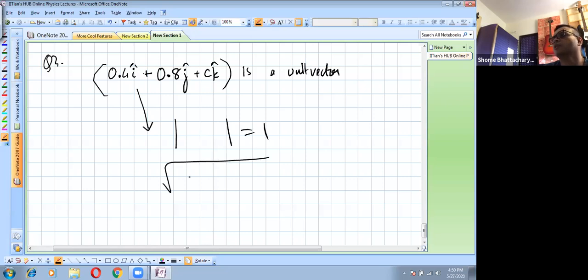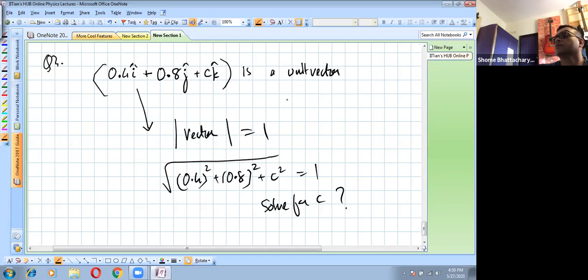Its magnitude will be how much? Square root of 0.4 whole square plus 0.8 whole square plus C square. They should be 1. So just solve for C. For it to be a unit vector, the vector's magnitude should be unit. So it's very simple. That's all it is.